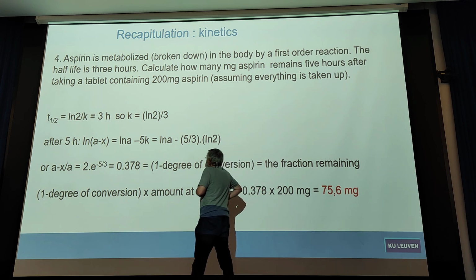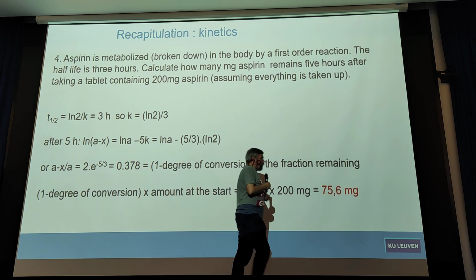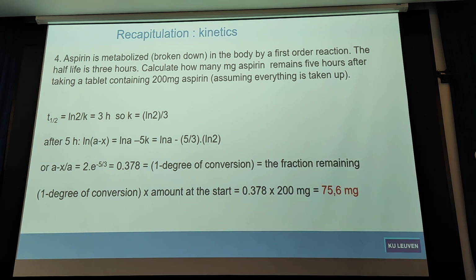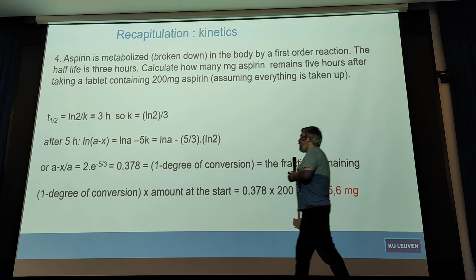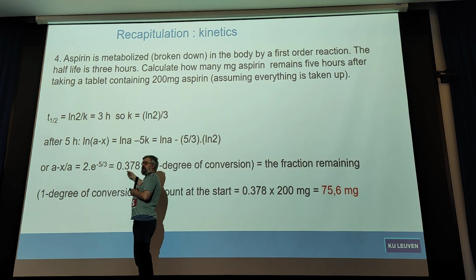Okay, so some simple mathematics, and (a minus x) over a then is 2 to the power minus 5/3, so this is the factor that we still have remaining.